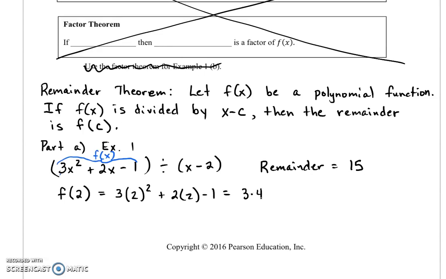That's 3 times 4 plus 4 minus 1, which is 12 plus 4 minus 1, which is indeed 15. So this is useful to know. And this is going to be even more useful when we get to chapter 5, because it's going to help us determine what's going on with the functions that we're going to be looking at.